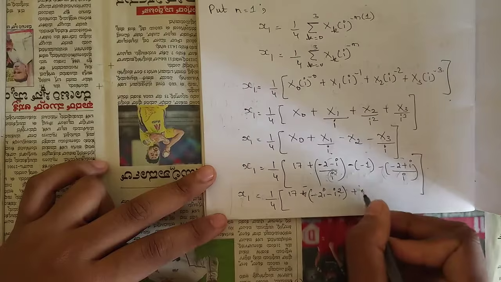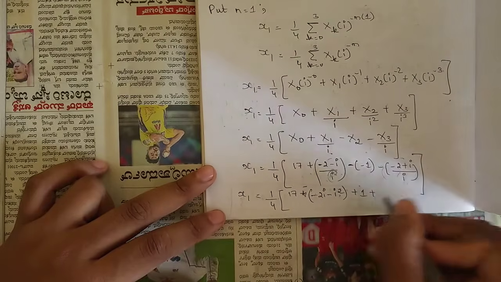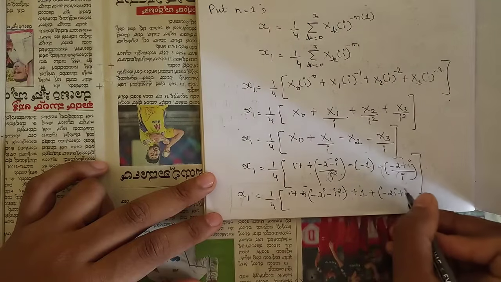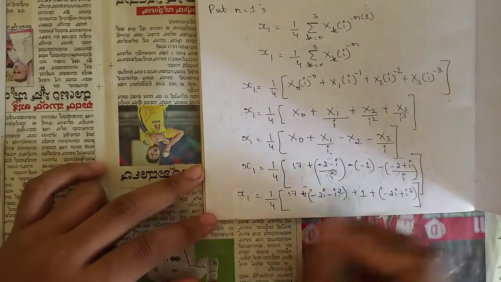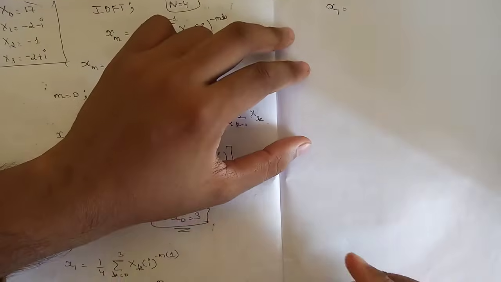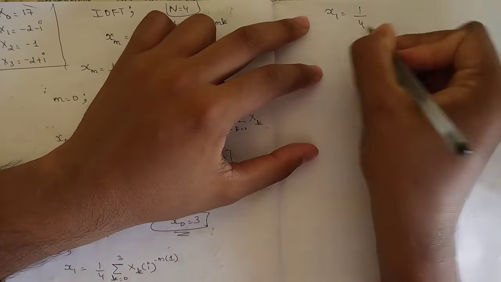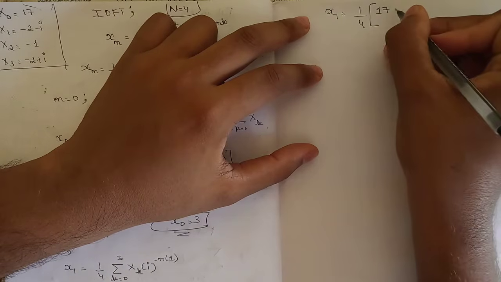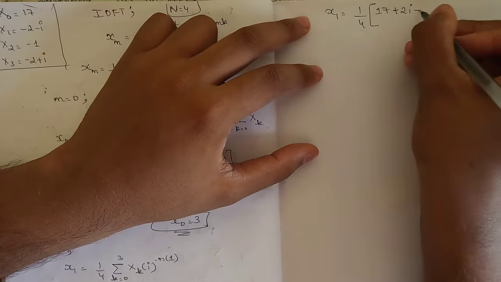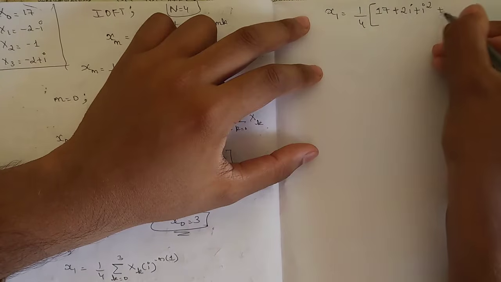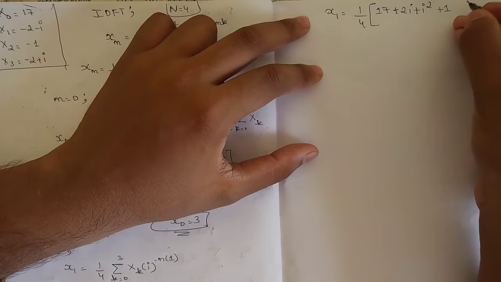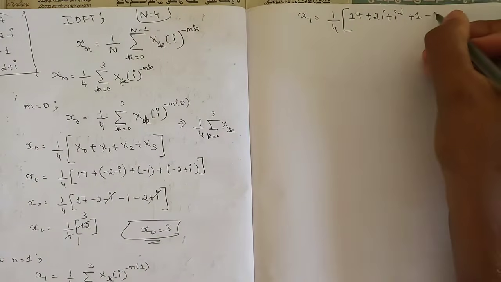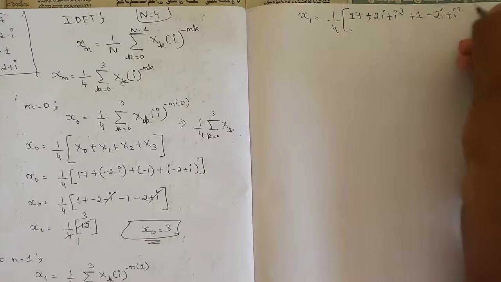Minus into minus is plus 1, and this sign changes to plus since the denominator is i square, minus 2i plus i square. Okay, so now we are going to simplify this. So x1 would be 1 by 4 into 17. There is a minus sign outside, so minus into minus is plus 2i plus i square plus 1 again minus 2i plus i square.